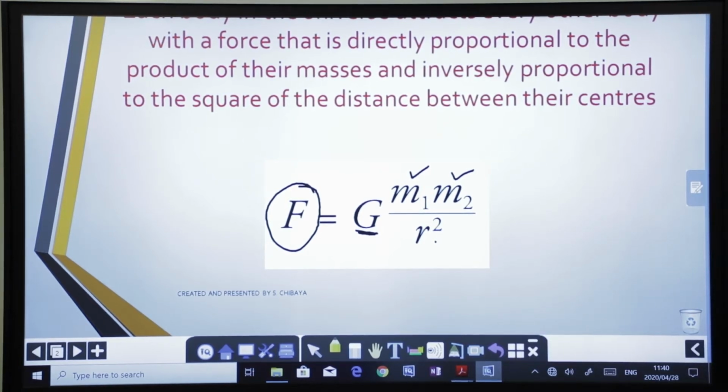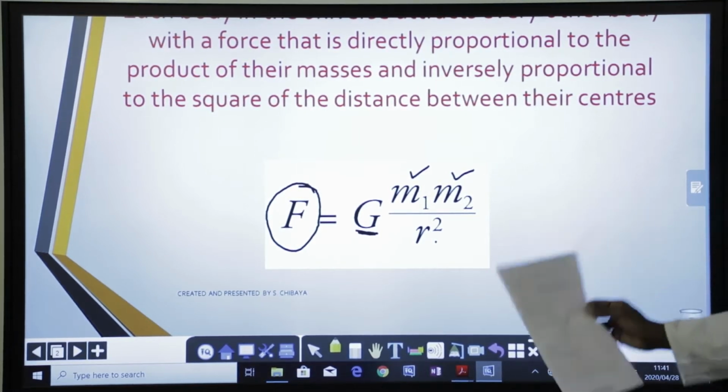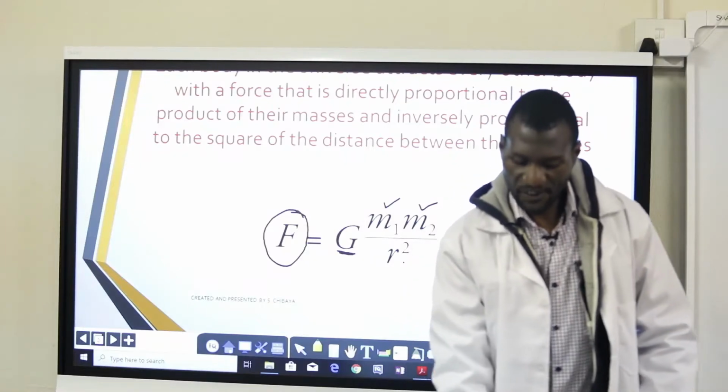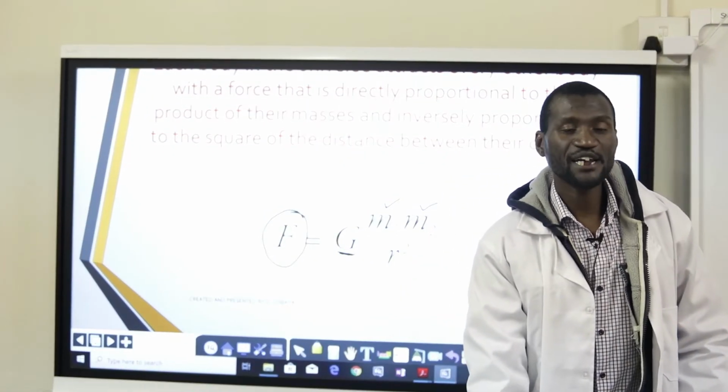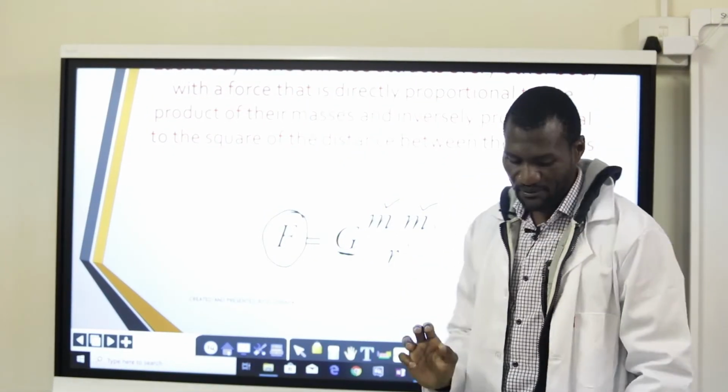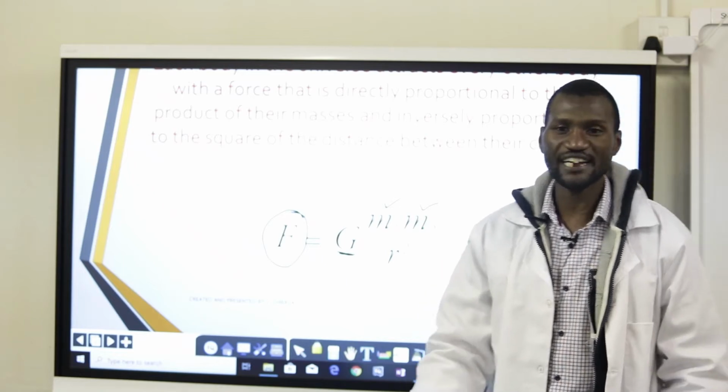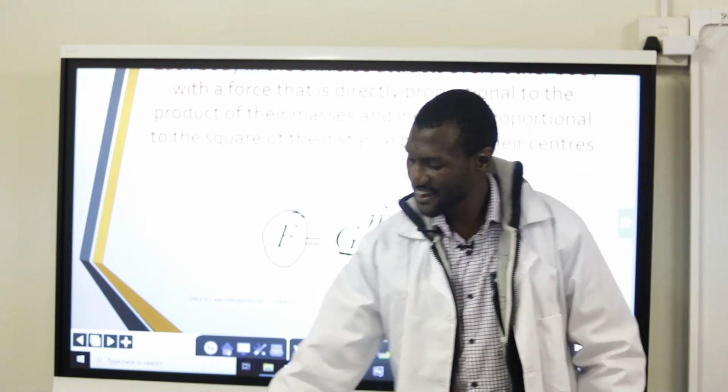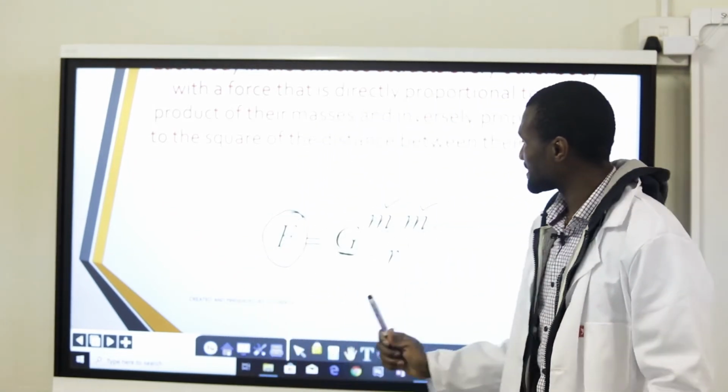You can stay there. Look at it. Think about it. This is one of the formulas that is found at the back of every exam that you are going to write. If it is a Paper 1 exam, you will find this formula there.